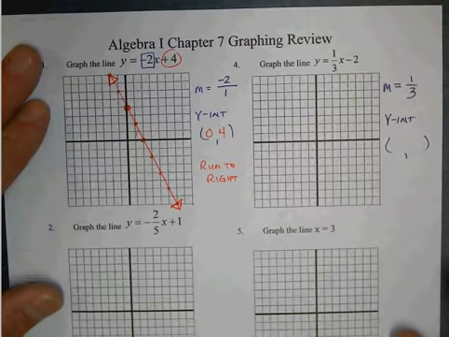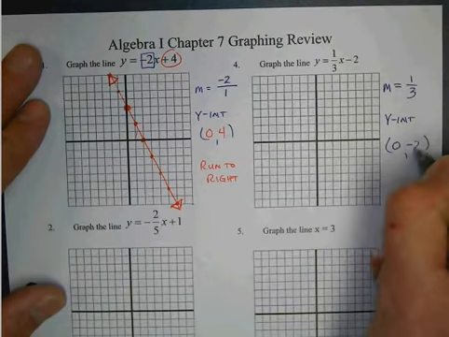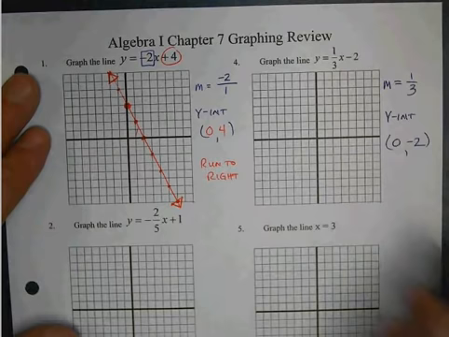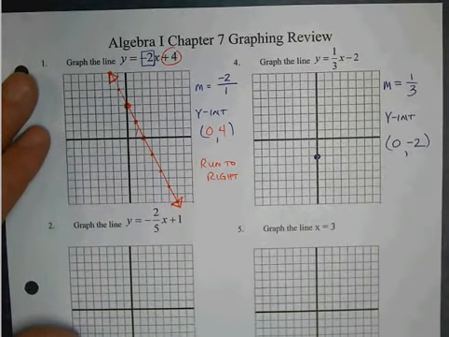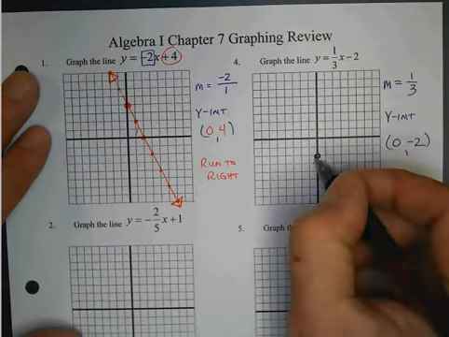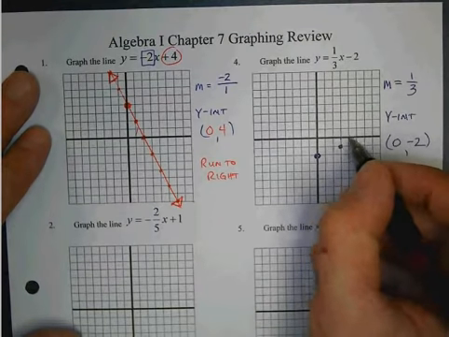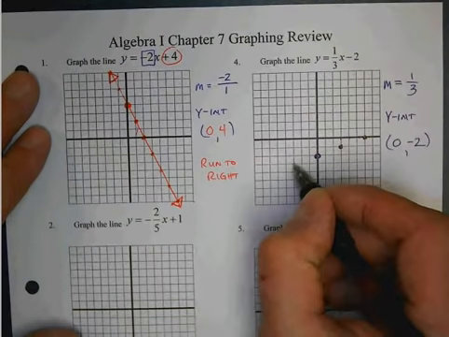And Abby, what's my y-intercept? (0, -2). Very good. So let's start at the y-intercept, down here at -2, and now let's do my slope. So I go up 1 over 3. Up 1 over 3. And then try to do it backwards.